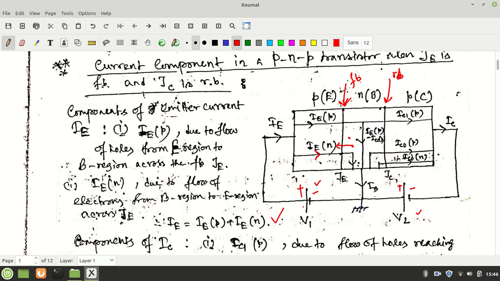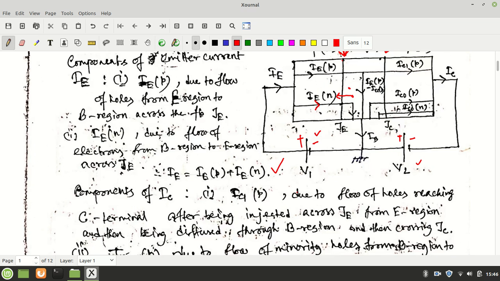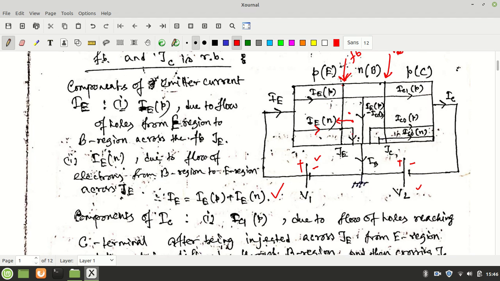Similarly, in the collector, you can see that the collector is reverse biased, so there is no majority flow, but there are minority flows, which are known as reverse saturation current. The negative charges, that is electrons, are minority at the P side. Similarly, holes are minority at the N side.